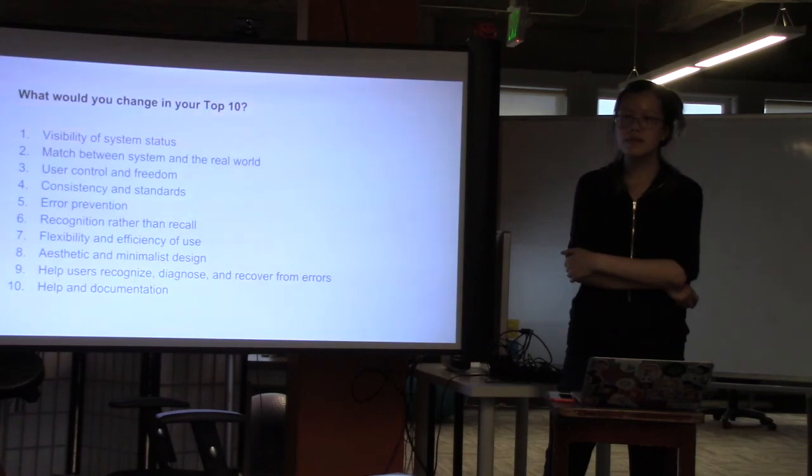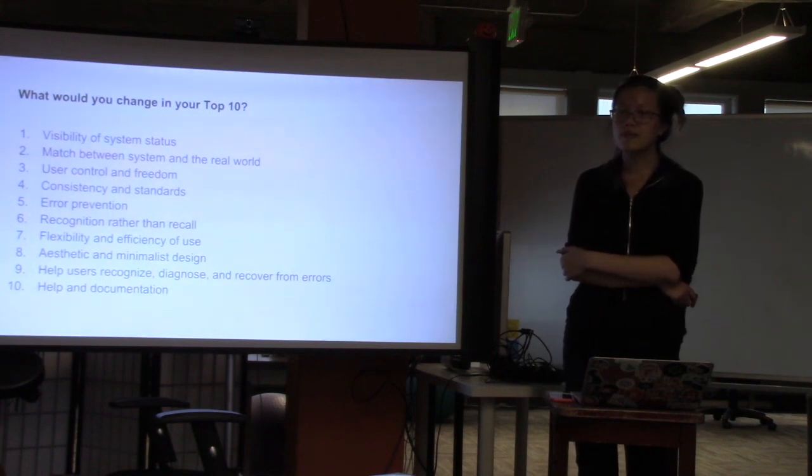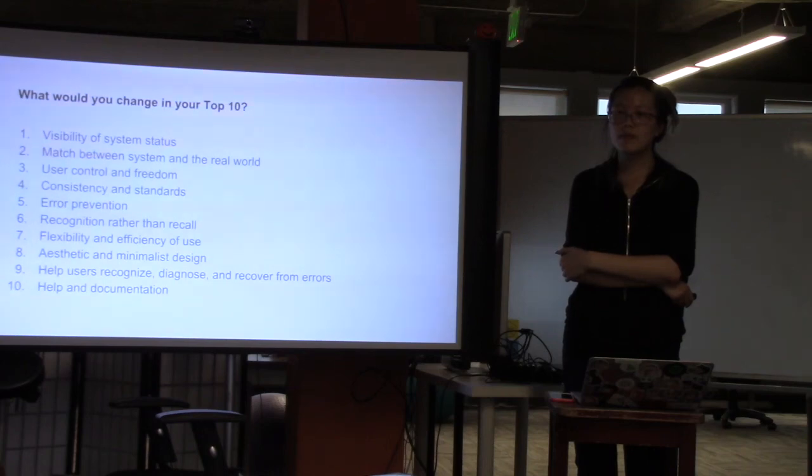What they do well is the visibility of system status. If you don't have a connection to the internet, they'll definitely let you know that and say try taking the snap later. But at the same time, it's not easy to recover if something has gone wrong.